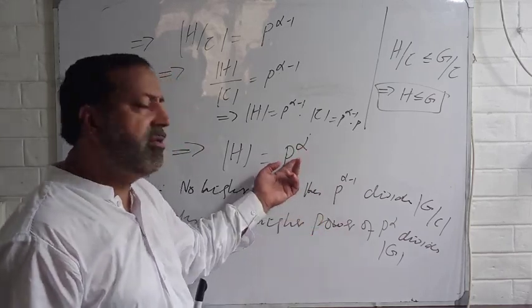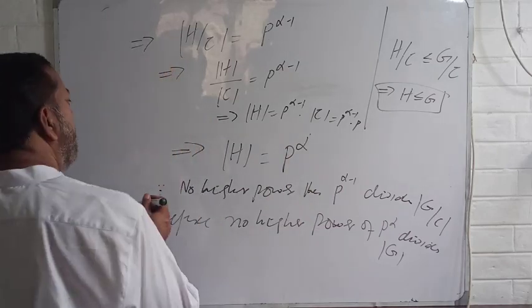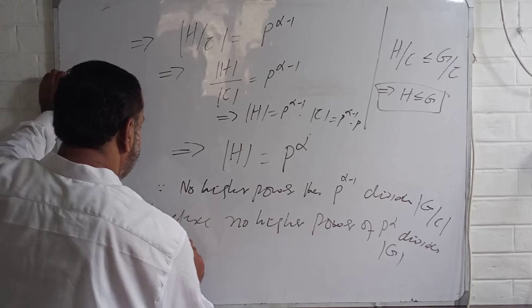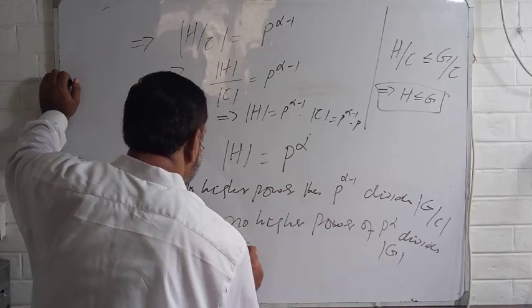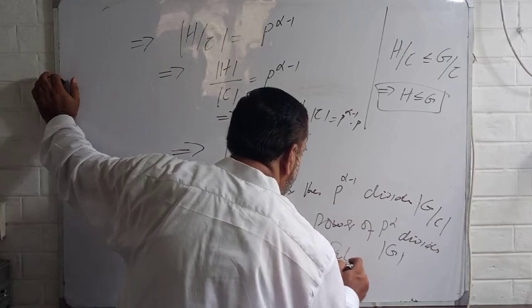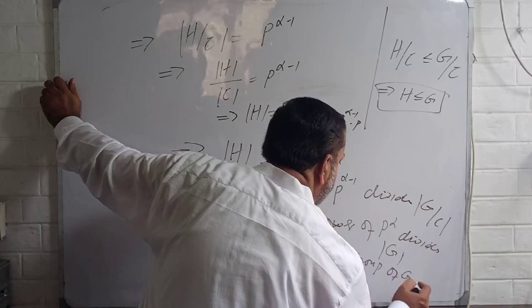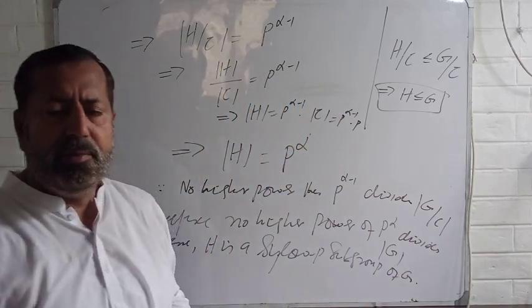You can directly say from here that H is a Sylow-p subgroup of G. Hence, H is a Sylow-p subgroup of G. Right, this completes the proof.